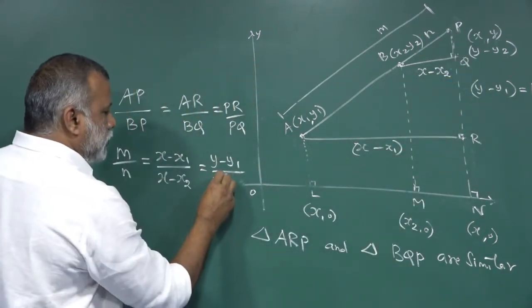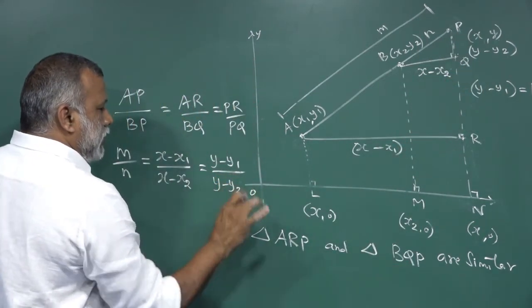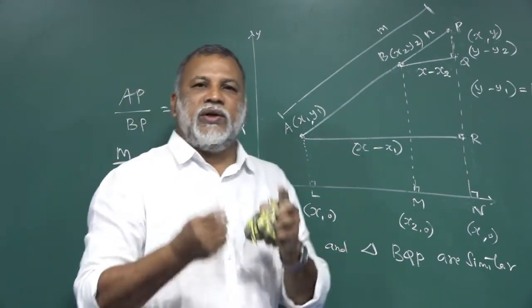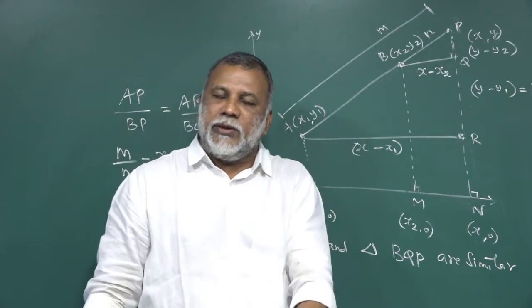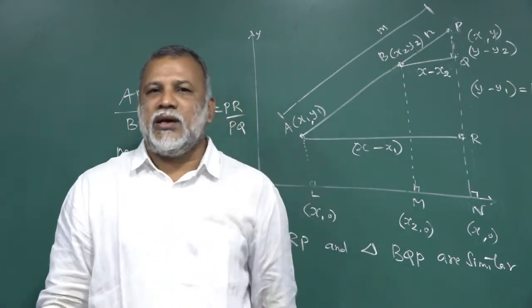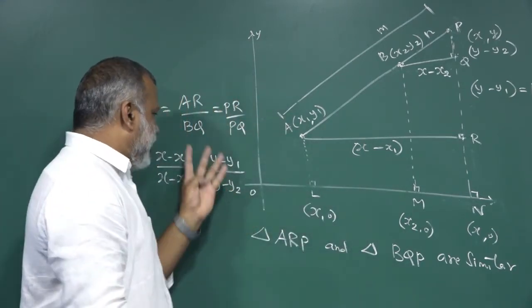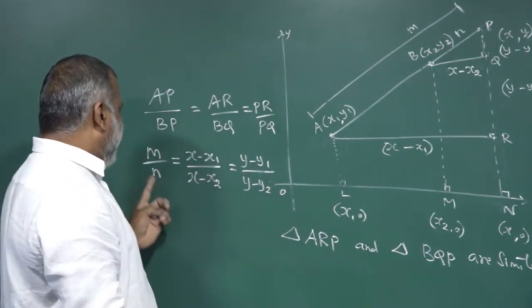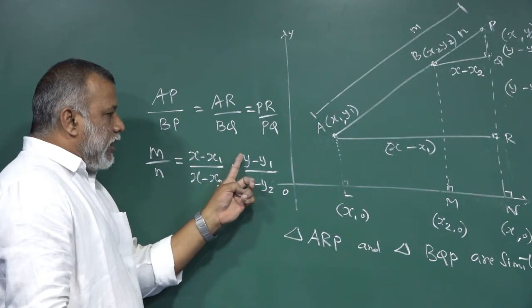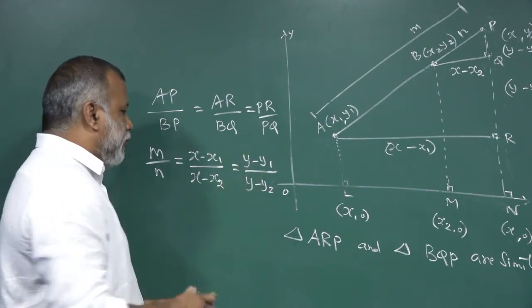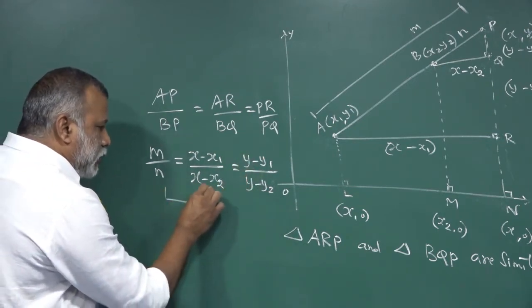Y minus Y2. So dear students, this is the logic. We have two similar triangles. From the basis of similar triangles, the corresponding sides are proportional. Now we are getting some proportionality. M by N is equal to X minus X1 divided by X minus X2, and Y minus Y1 divided by Y minus Y2.